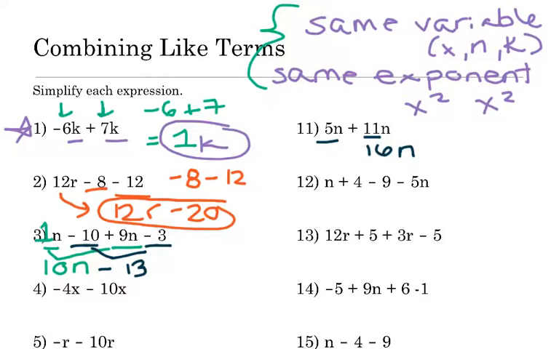Looking at 12, I've got n plus 4 minus 9 minus 5n. So determine which things can be combined with each other. I'm looking at n. I need another n. Over here you have negative 5n. Remembering that the invisible coefficient is what?